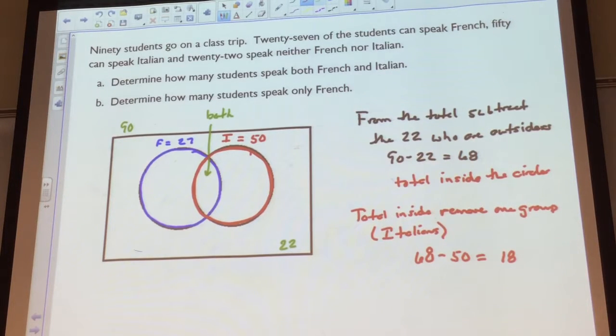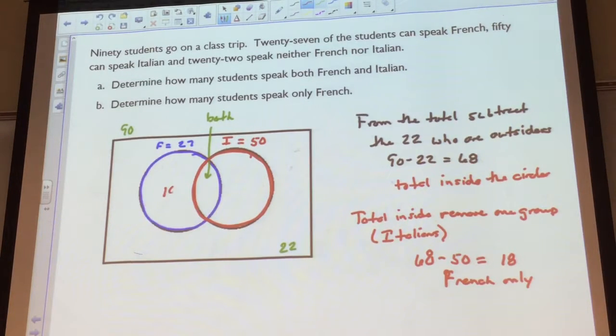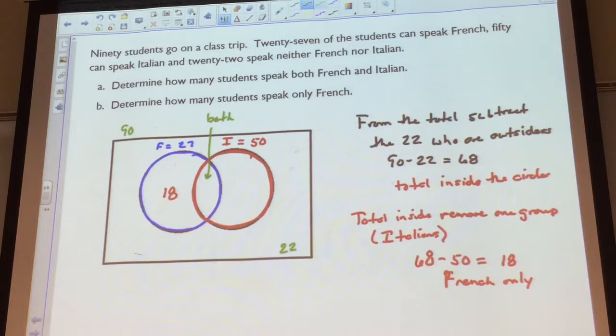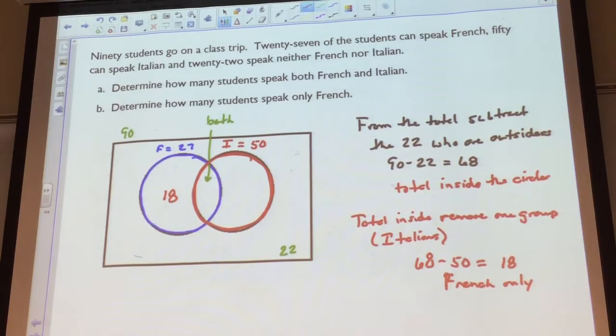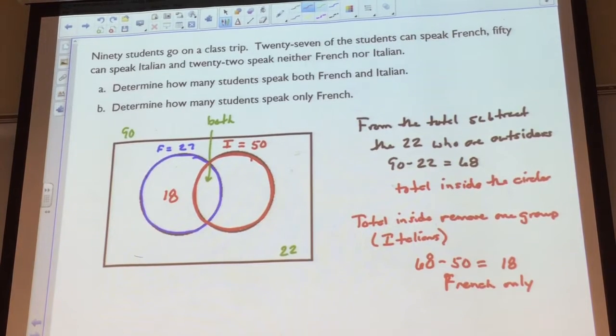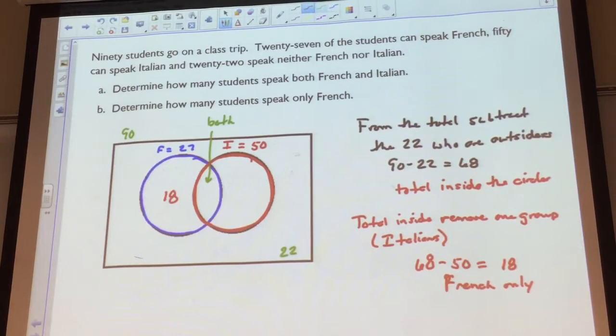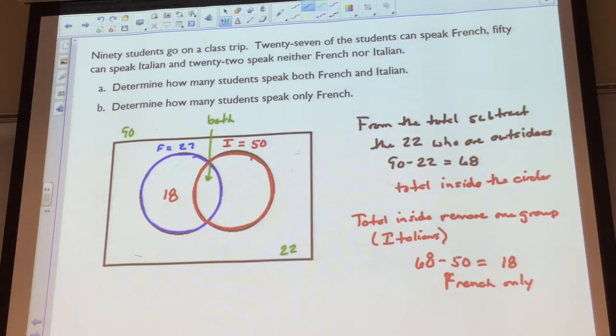These would be the people that speak French only, which means we know that 18 people go right there. Now, it wouldn't have made a difference if you took the French away or the Italians away. You're going to get the same kind of result. But once you get one of those three small inner pieces of the circle, everything tumbles pretty quickly now.